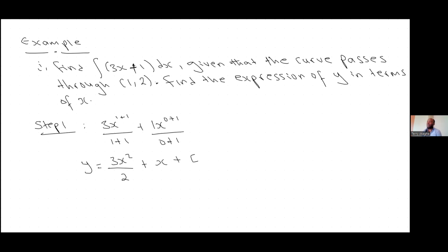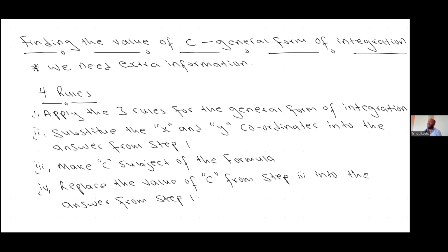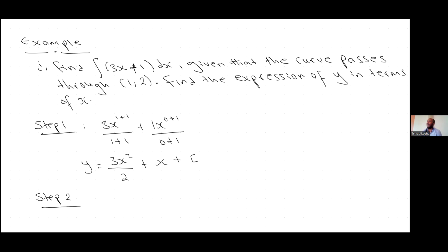Now, the next thing is step 2. So step 2, we're told that we need to then substitute the x and y coordinates in the answer from step 1. Now, if you look at the question we have here, you can see quickly that the x is 1 and the y is 2.